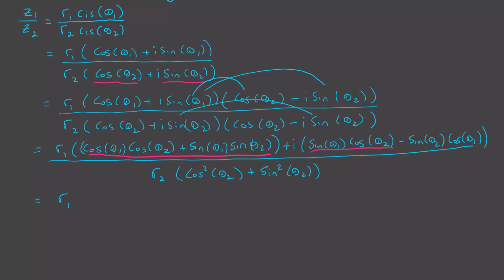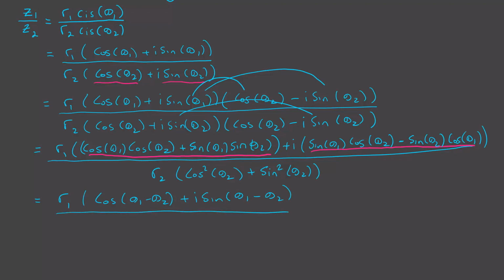And when you look at that, you may recognize that as the expansion of sine theta 1 minus theta 2. So on the top here, we have cos theta 1 minus theta 2 plus i sine theta 1 minus theta 2.